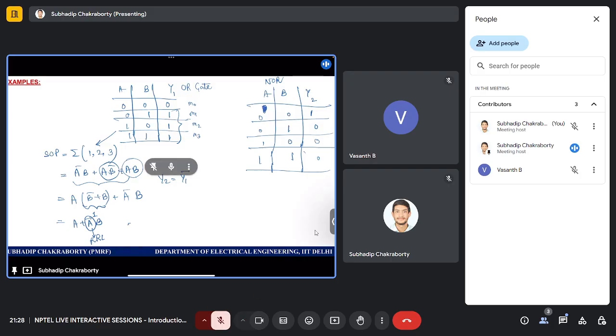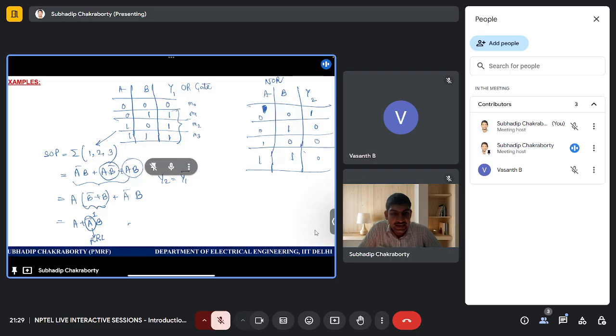Please understand that the rule of redundant literal only eliminates one small literal from the term, not the whole term, like it is done by the consensus theorem. Consensus theorem removes the whole term, if you remember, but the redundant literal only removes A bar, so it becomes A plus B. Now try to prove that the NOR gate is also the inverse of the same. So let us write in min term form, which is A plus B.